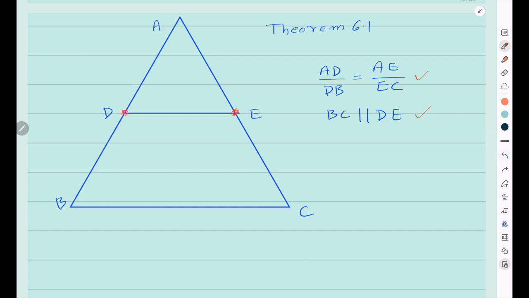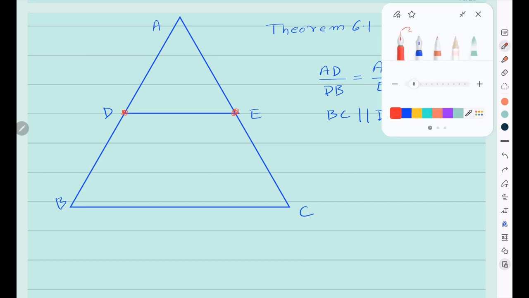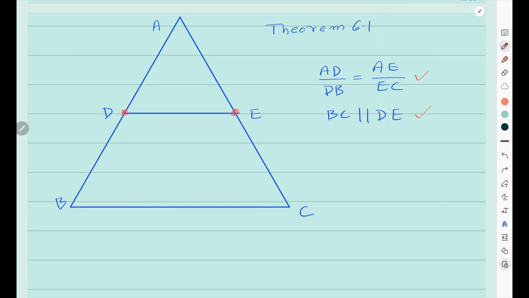Okay, so what we will do here is some construction. Let me do that with a red line.